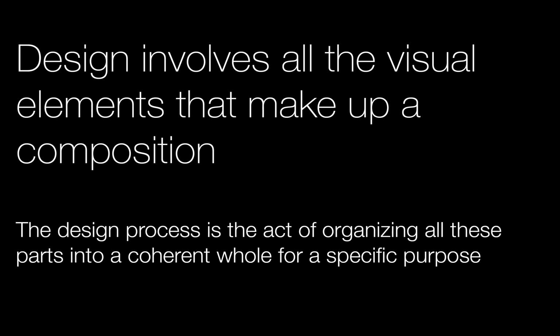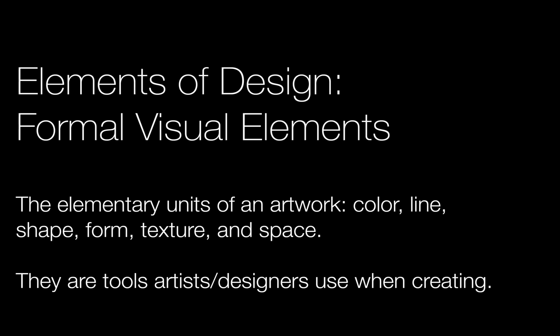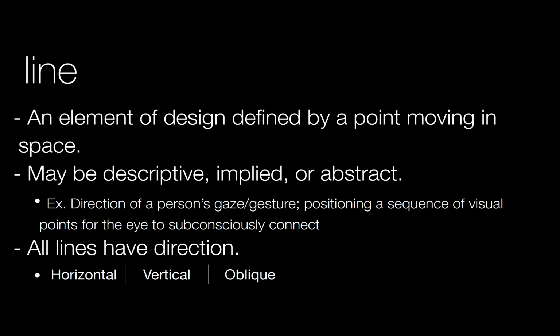There is a reason why that composition exists. So we're going to review what those basic elements are, and those are called the elements of design. Those are known as color, space, line, form, texture, and shape. These are elementary units to make a composition.